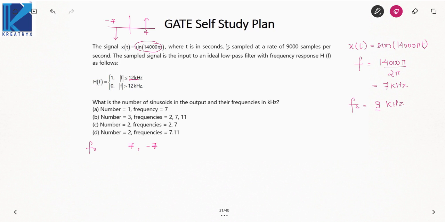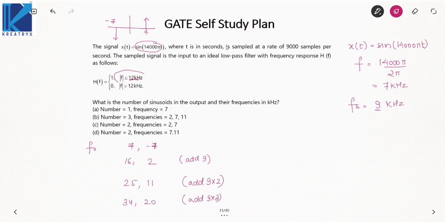You have to add 9: 16 and 2. In the next case, you add 2Fs, that is 9 into 2, 18; 18 plus 7 is 25, 18 minus 7 is 11. Then add 9 into 3, that is 27; 27 plus 7 is 34, 27 minus 7 is 20. And it will go on increasing.